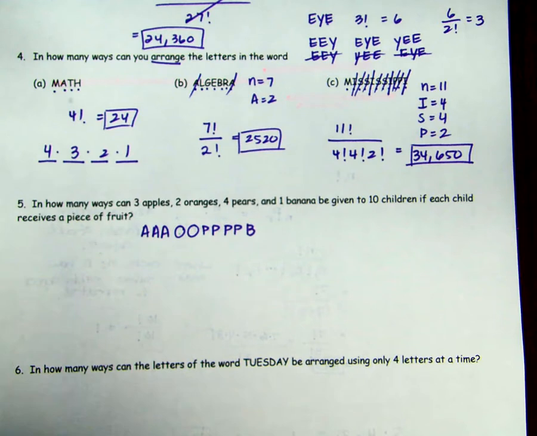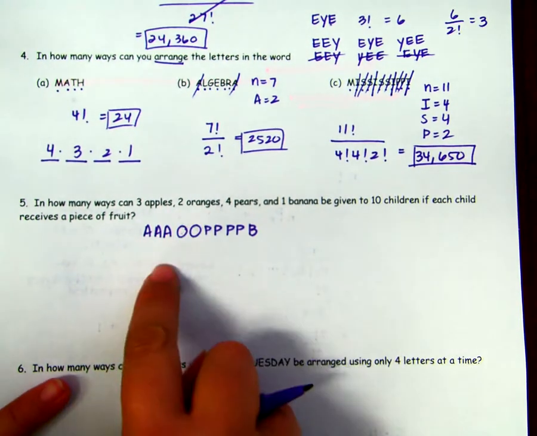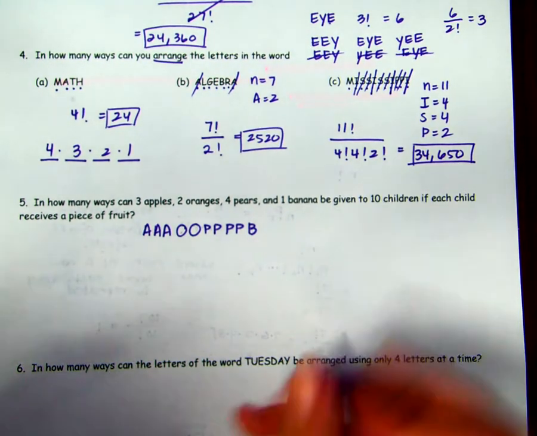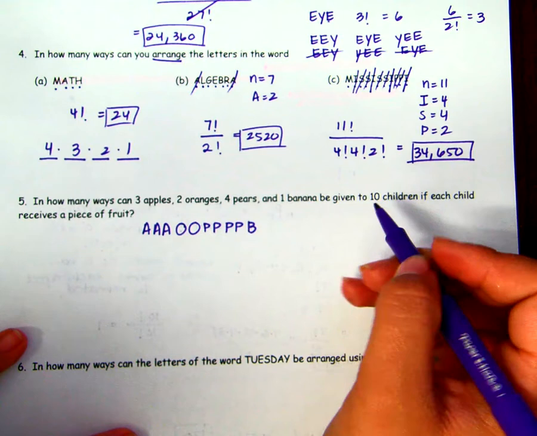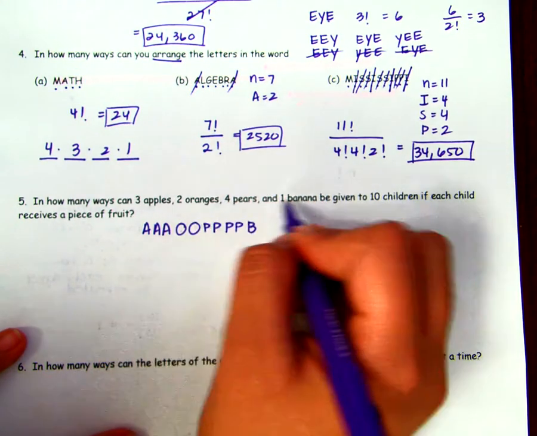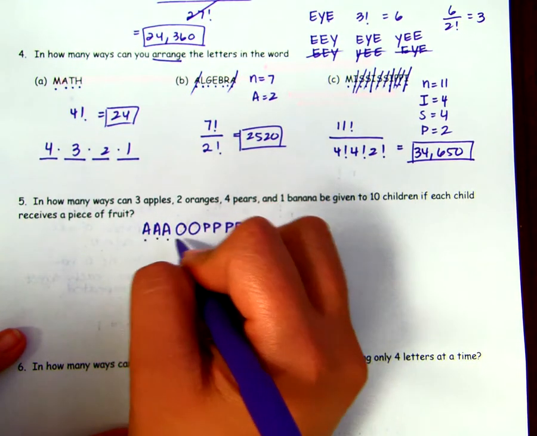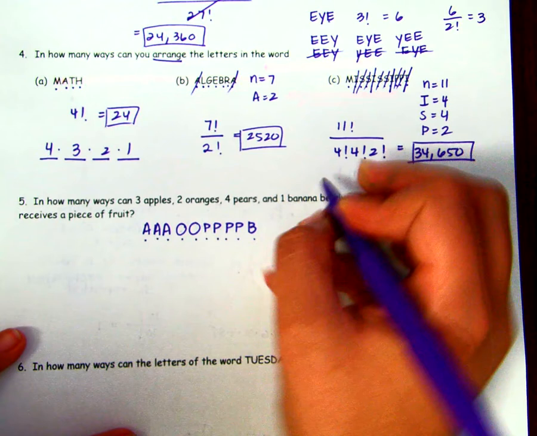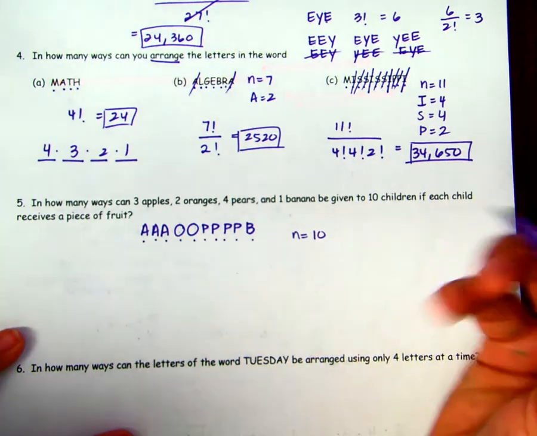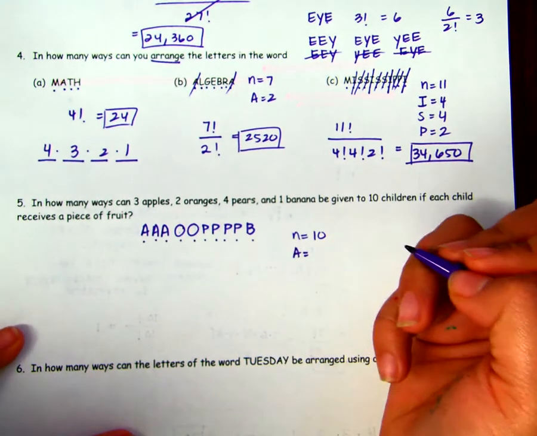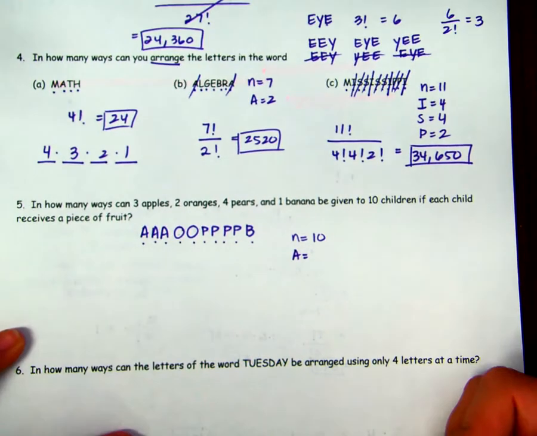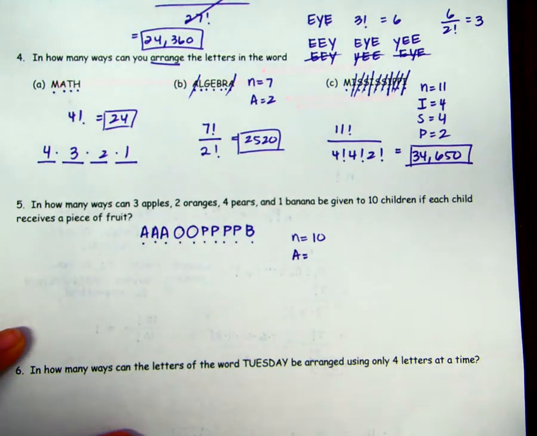In this case, the number of ways that I can arrange these or give these out would be, well, how many there are total, which in this case there's 3, 5, 10. Or you can just count it 1, 2, 3, 4, 5, 6, 7, 8, 9, 10. And then I can divide out all the repetition. If another kid gets an apple and I get an apple, then it's the same as if he got my apple and I got his apple. So we don't want to double count.